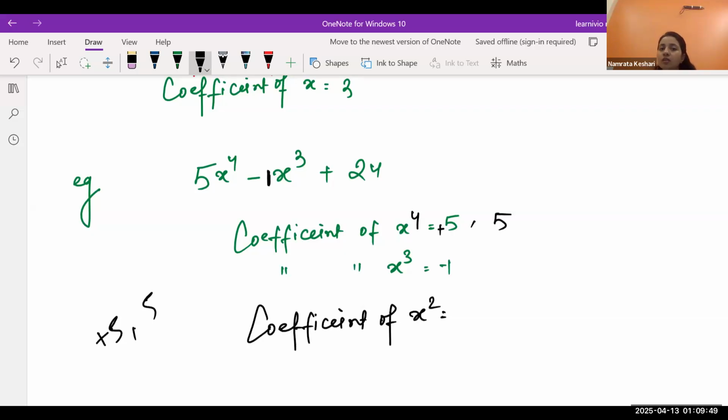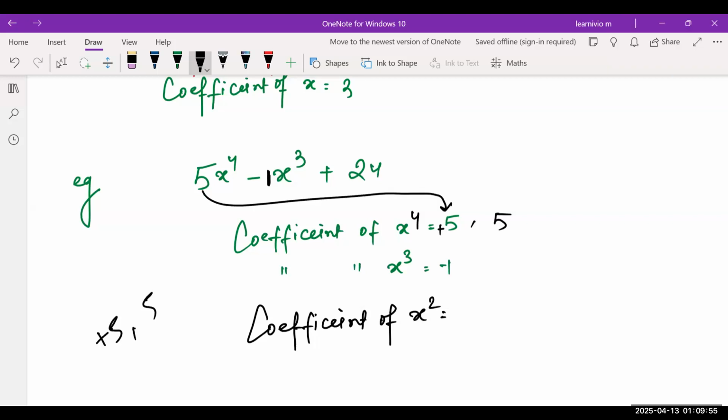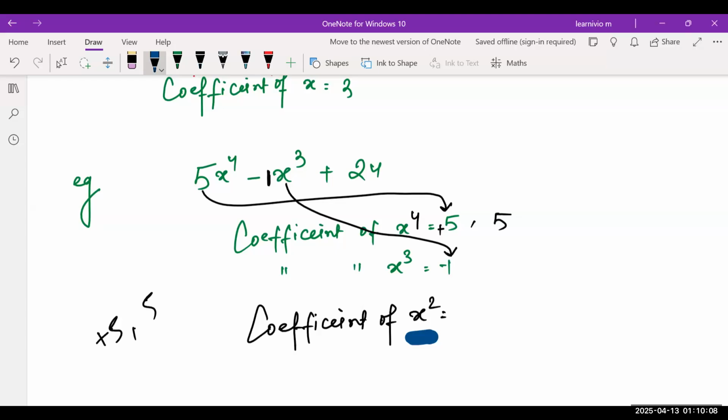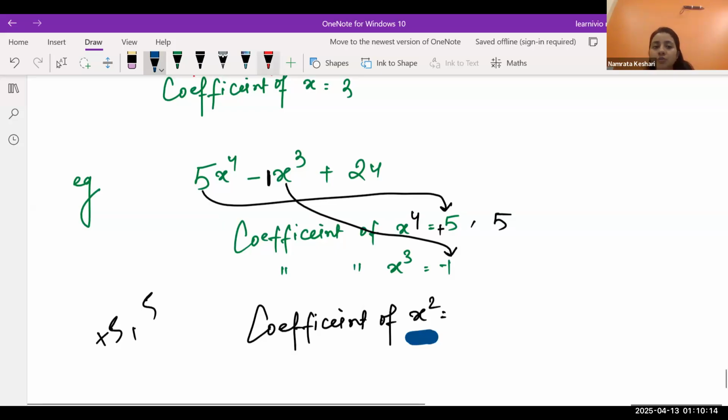The coefficient of x to the power 4 was 5, right? Yes. The coefficient of x cube is minus 1, right? Yes, ma'am. And if I am asking the coefficient of x square, that is not present over here, right? So it will be 0. When we can't see the term, the coefficient will be 0. Okay, 0 is the answer.